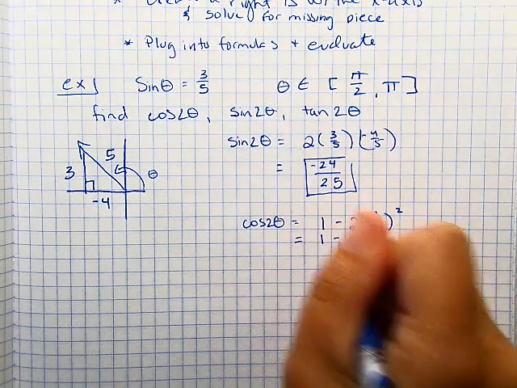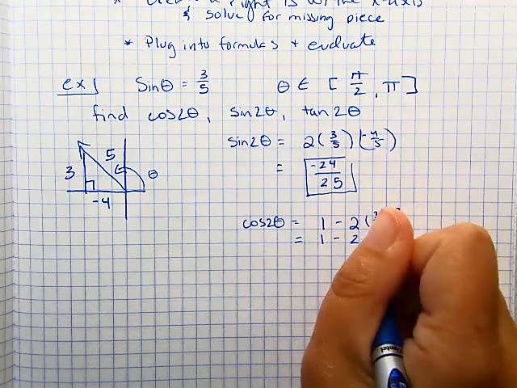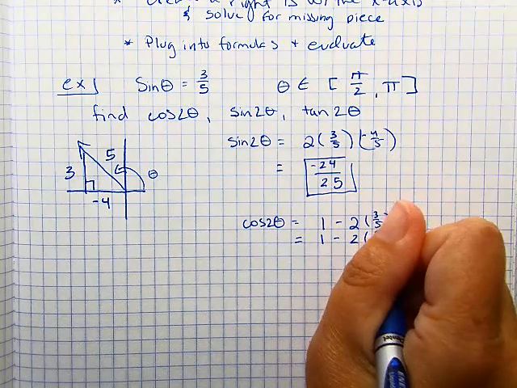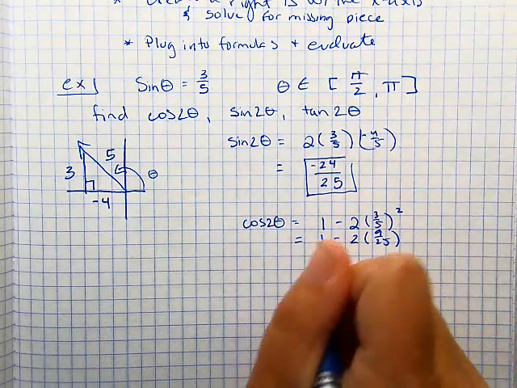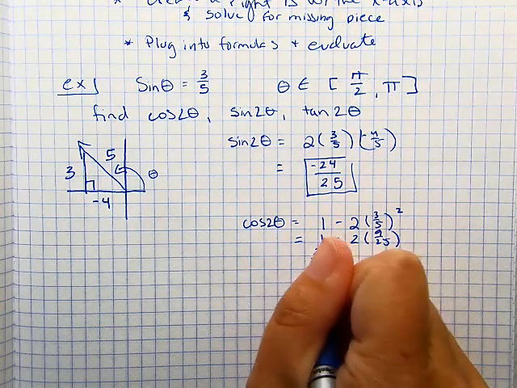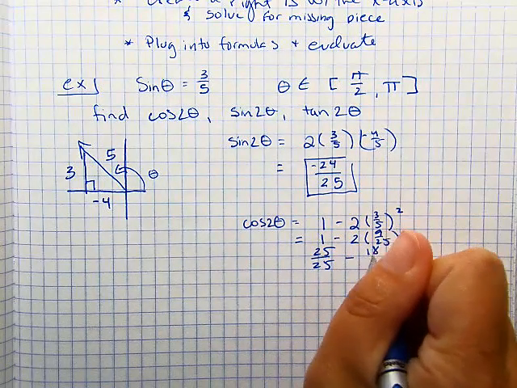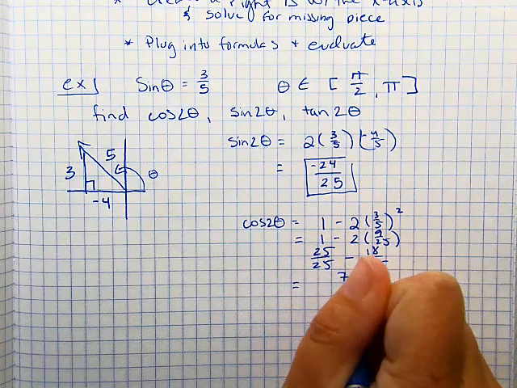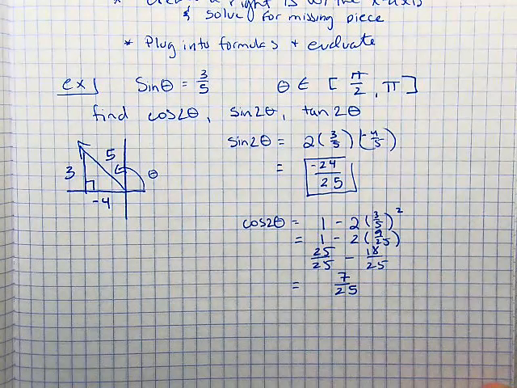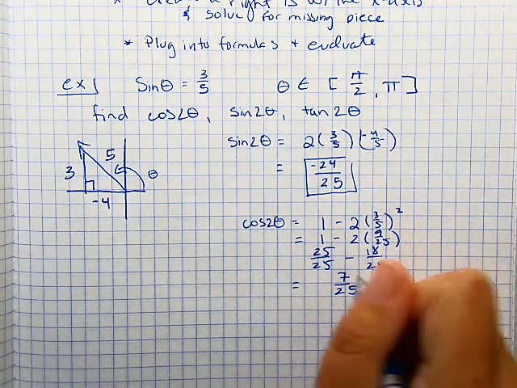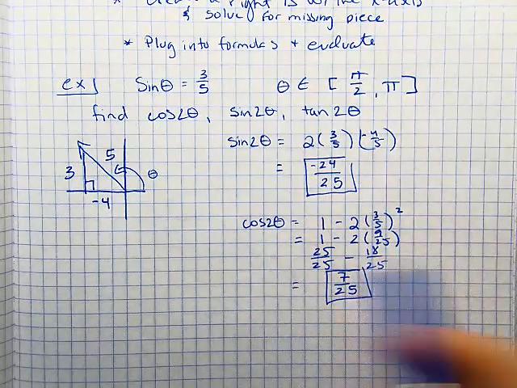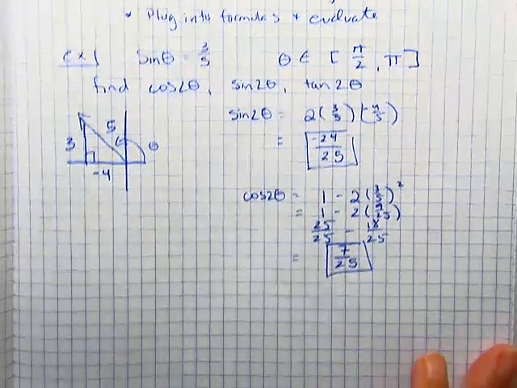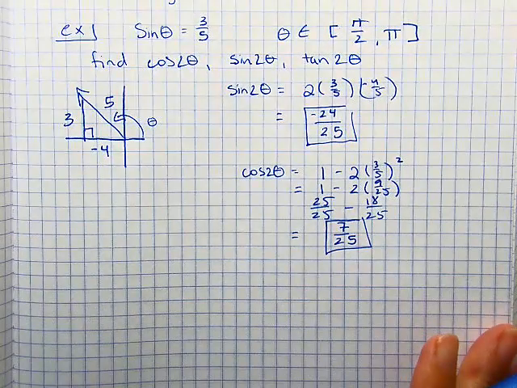So we go 1 minus 2, and then this squared would be 9 over 25. So I'm going to write this as 25 over 25 minus 18 over 25. And so the answer is 7 over 25. And you could pick any of those 3 formulas for cosine, and they will all give you the same answer.